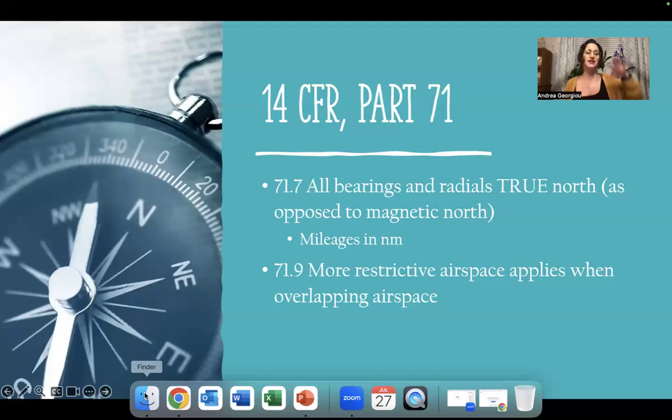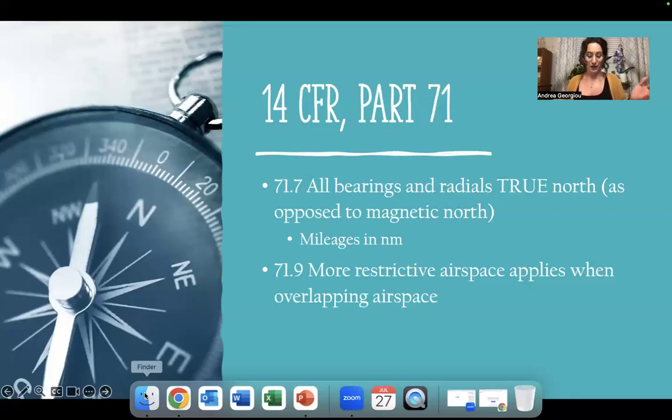From our airspaces, Class A is the most restrictive, and it gets less restrictive as you go through the alphabet. Under Part A, it says when overlapping airspace designations apply to the same airspace, the operating rules associated with the more restrictive airspace designation apply.